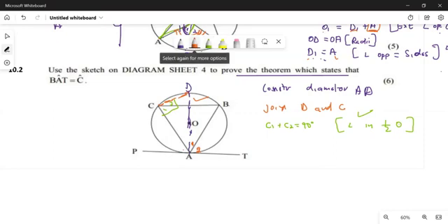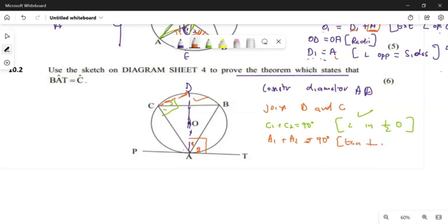Are you still fine? Okay, the next thing that I'm going to tell them about this angle here: what is A1 plus A2? It's 90 degrees again. Why is it 90 degrees? Tangent perpendicular to radius, to the diameter.